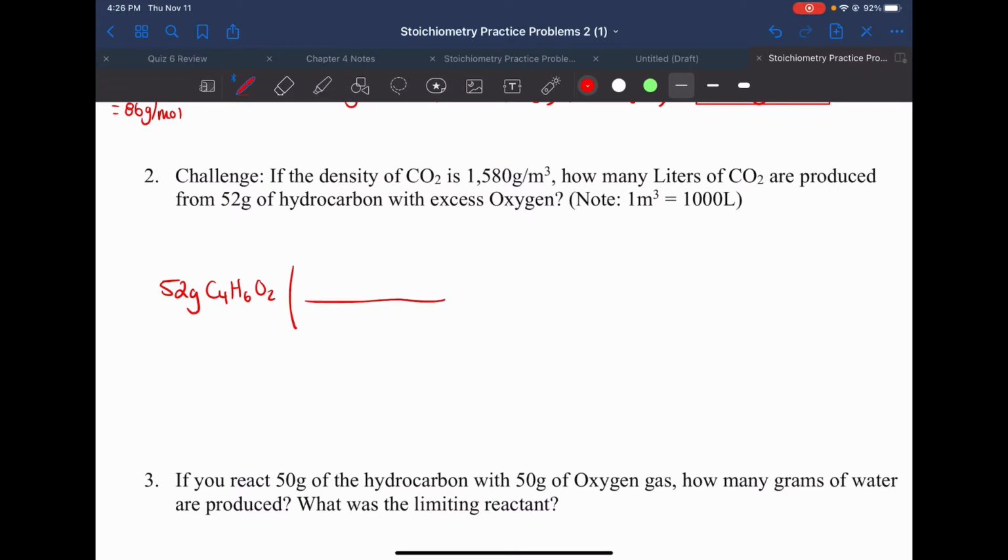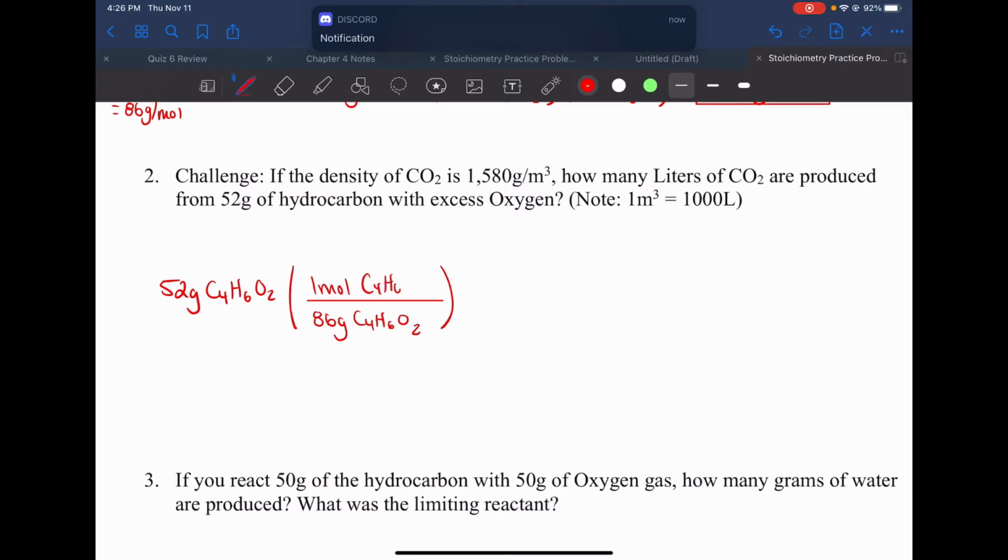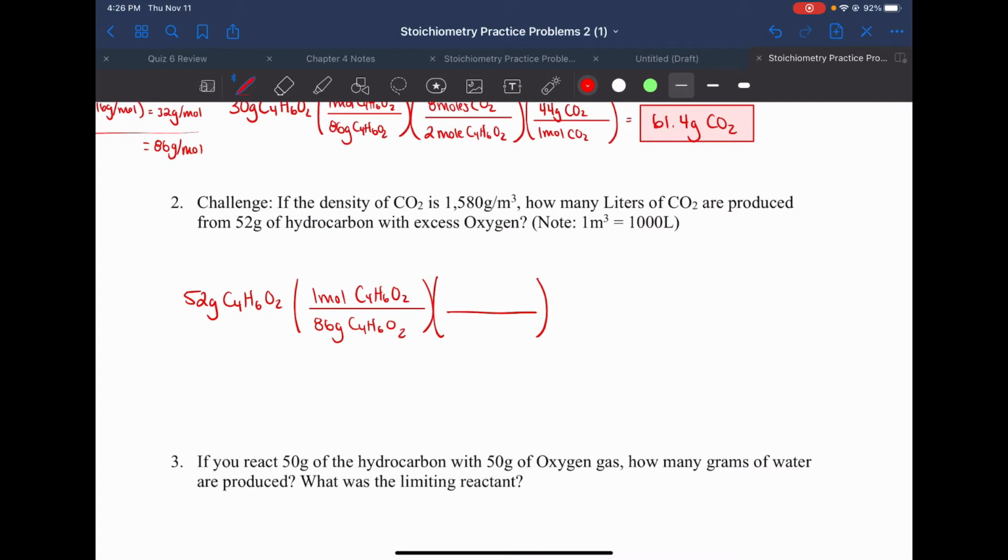All right, and we already know the mass calculation for C4H6O2. Okay, and we're trying to go to density of CO2. Well, if you notice, for CO2, there's a gram value here. So I'm going to get to grams of CO2 doing almost the exact same process.